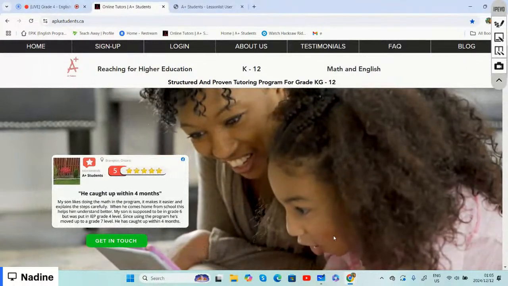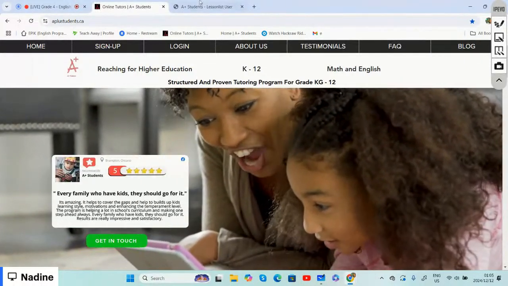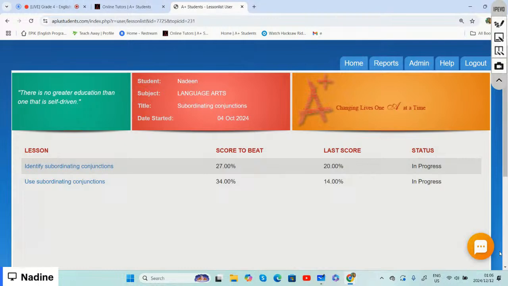We're doing grade 4, and then we're going to scroll down until we get to our chapter of subordinating conjunctions.